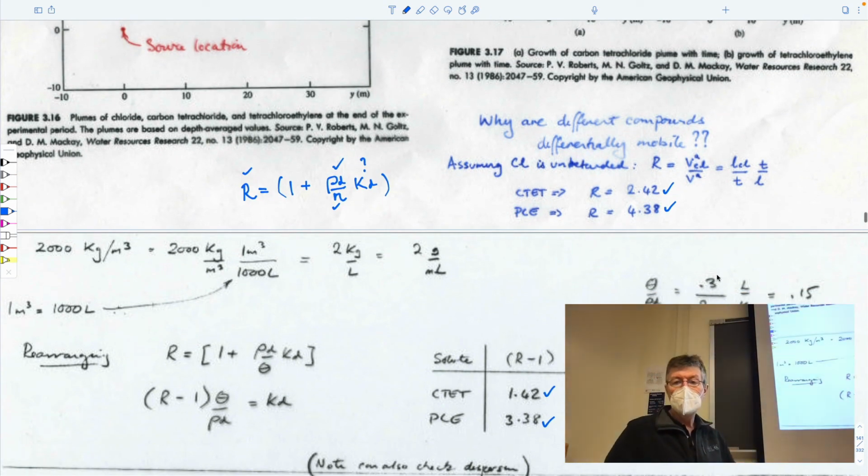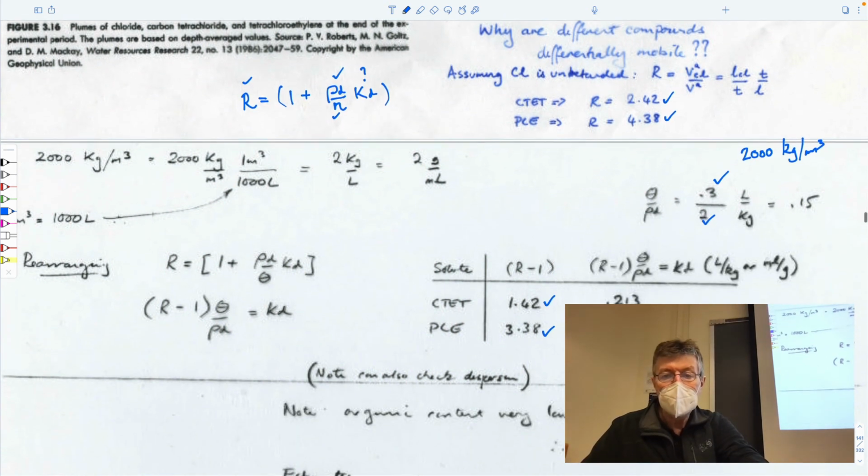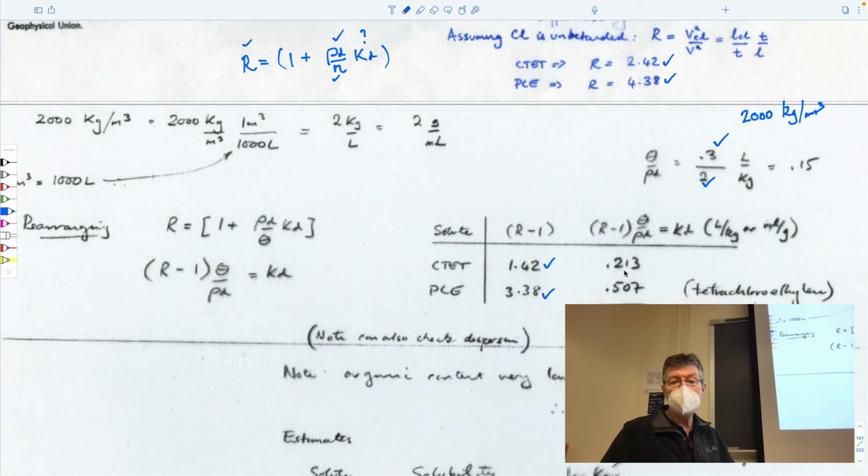Oh yes. 30% porosity, 2 kilograms per liter. So this would be 2,000 kilograms per meter cubed. A liter is a thousandth of a cubic meter. And if you multiply these out, you end up with Kd values of 0.213 and 0.507.